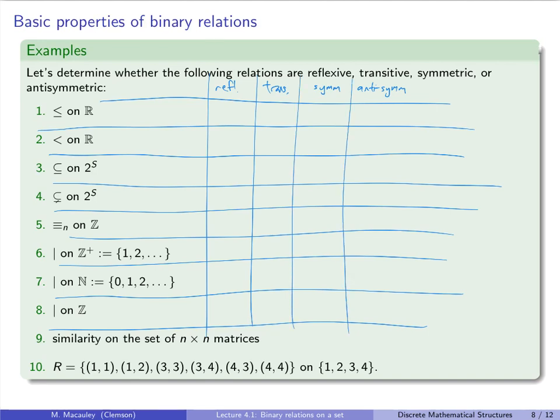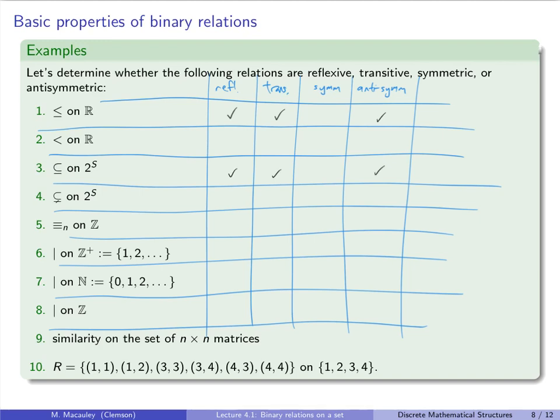So we first come to just the less than or equal to relation on the real numbers. We've already been over this, that this is reflexive, transitive, and antisymmetric. And similarly, the subset relation is reflexive, transitive, and antisymmetric.